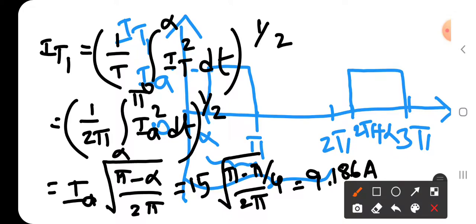This is the RMS value of the SCR current as well as the diode current, because the same amount of current passes through the diode also.